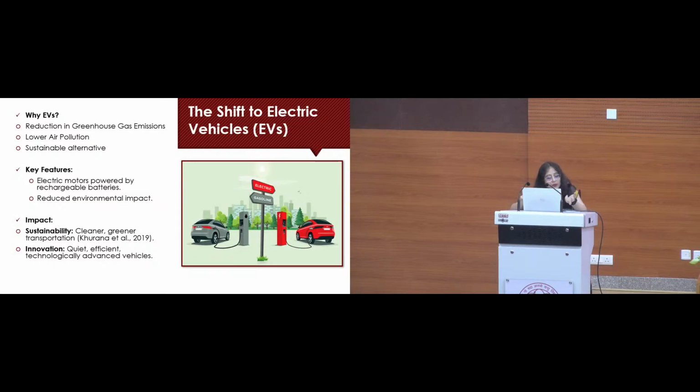Why EVs basically? They are a sustainable alternative, they empower lower air pollution and a reduction in greenhouse gas emissions. The key features are that they are powered by rechargeable batteries, and they help in reducing environmental impact.